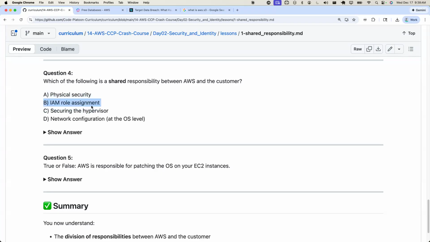IAM role assignment. Is that one going to be shared? I see some nods. What about network configuration at the OS level? So why not? We're down to two candidates here. Rick, yes, sir.